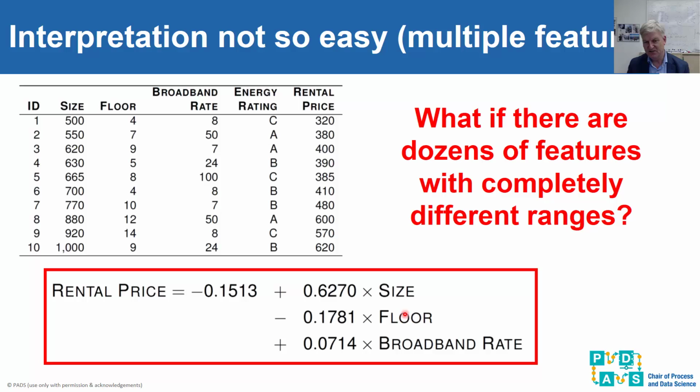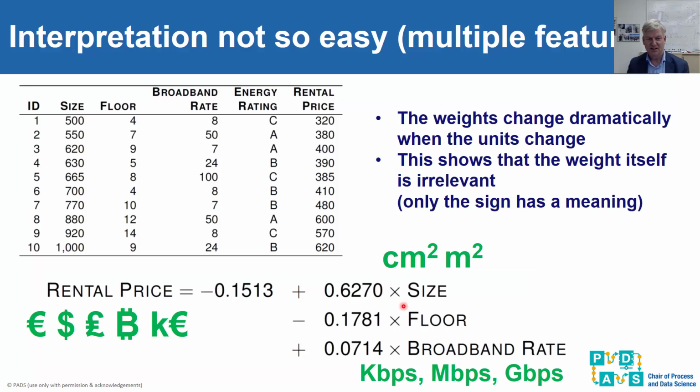Because the dimensions of these descriptive features could be very different. So that's what I'm trying to explain here. If we, for example, look at the feature size, we could express the feature size in square centimeters, in square meters. We can use different ways of measuring the size.